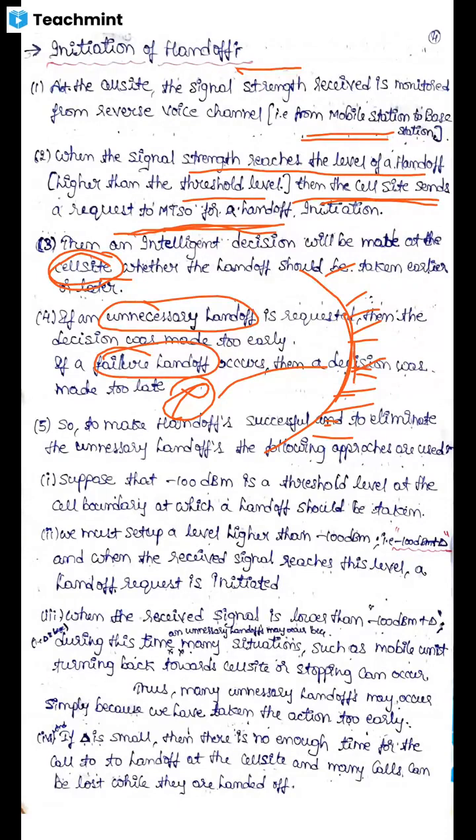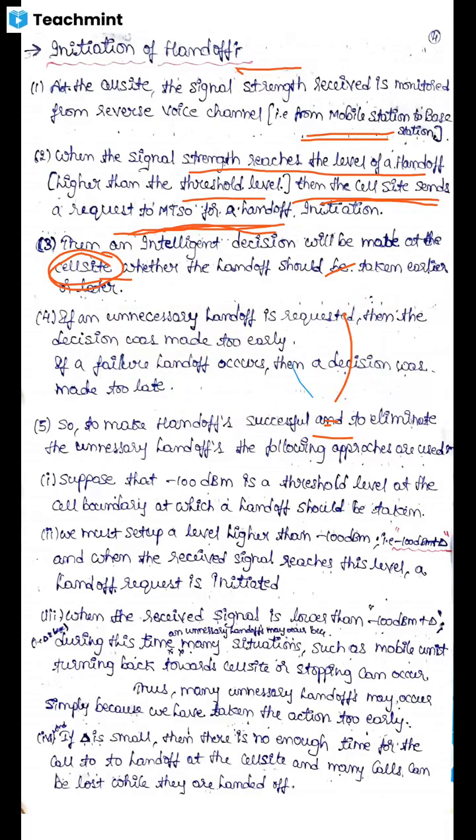Then this early handoff is called unnecessary handoff. Sometimes the mobile unit may cross the boundary condition, and after crossing the boundary condition, a handoff is initiated. Then it becomes a failure handoff. So we have to avoid these unnecessary handoffs and failure handoffs.